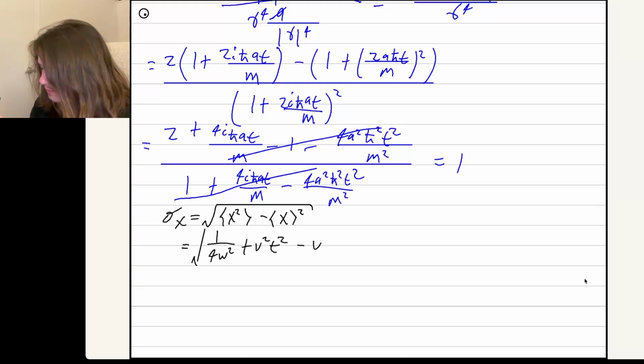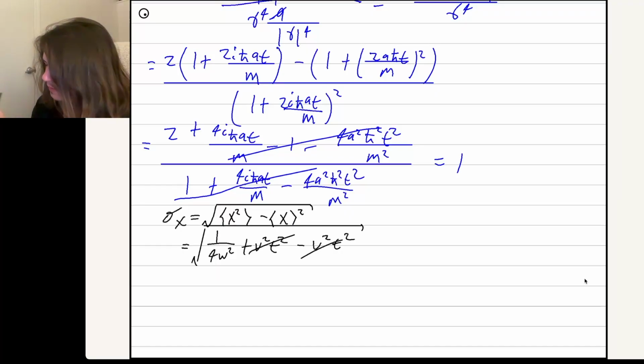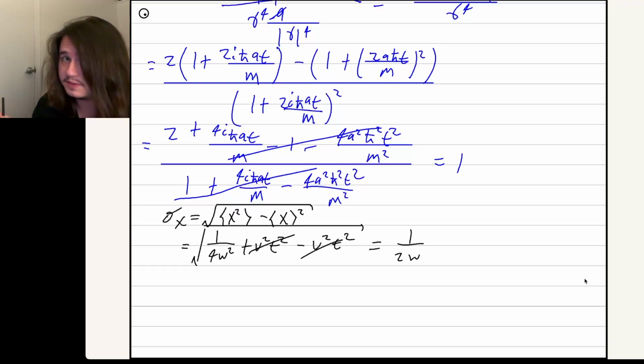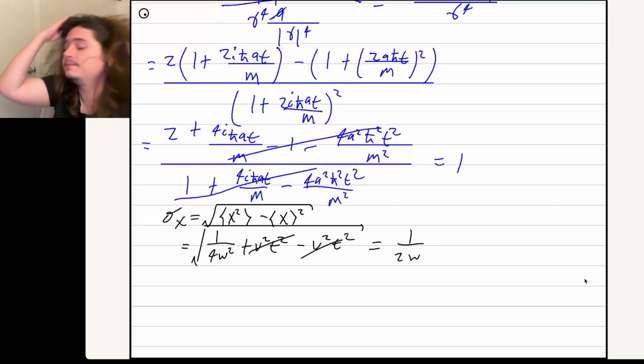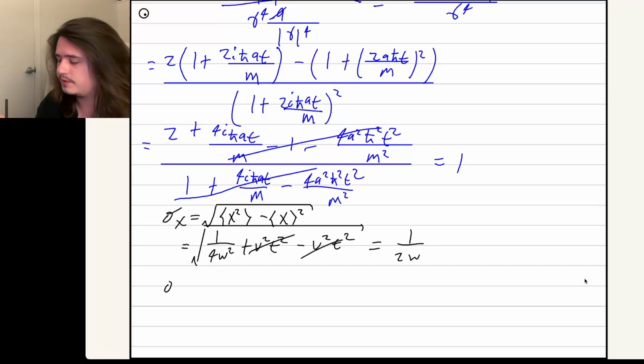That ends up being v squared t squared. So the v squared t squared stuff cancels out. And we get 1 over 2w. Notice that it's the same uncertainty as we got in 221. It's a common theme.